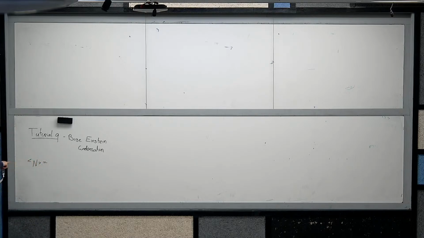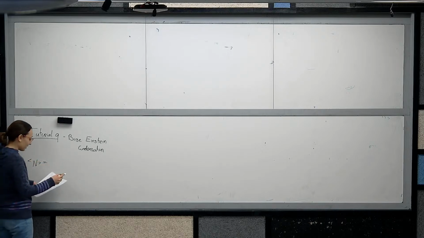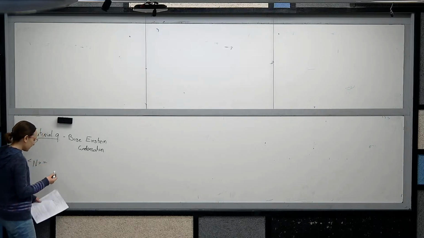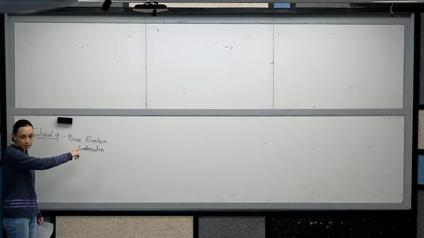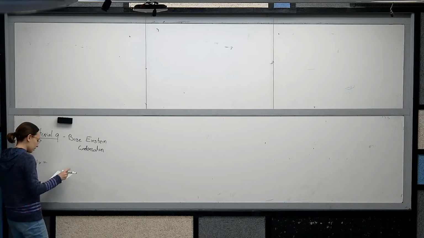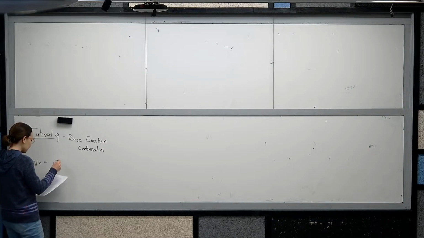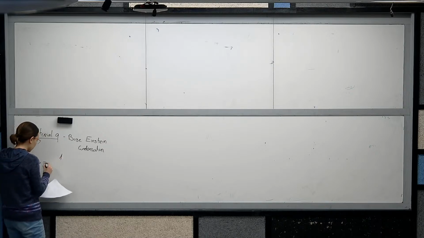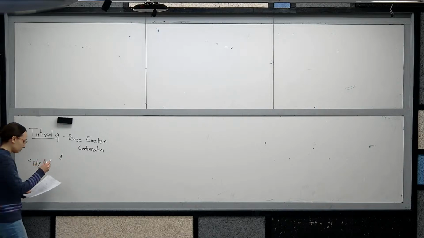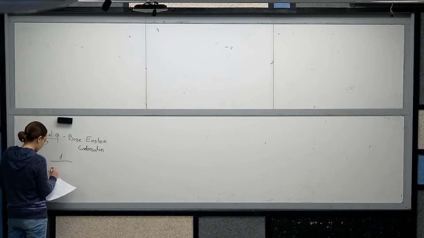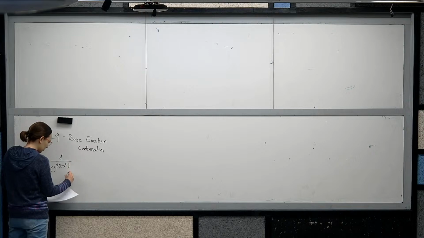So the average number of particles in a specific energy level for a system of bosons is, let's say, the average number of particles for some energy level is 1 over exponent of beta epsilon minus mu, minus 1.